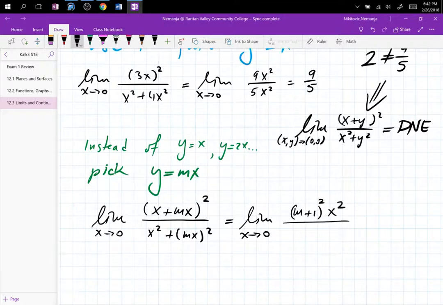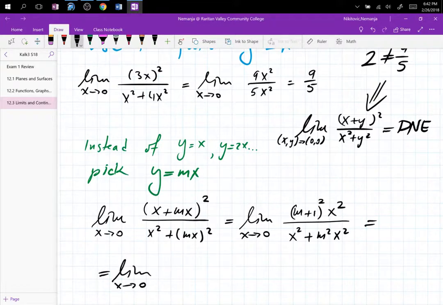And in the denominator, you square first, so you get x squared plus m squared x squared. That is just algebra. Now you have m plus 1 squared x squared divided by, factor out x squared, 1 plus m squared.